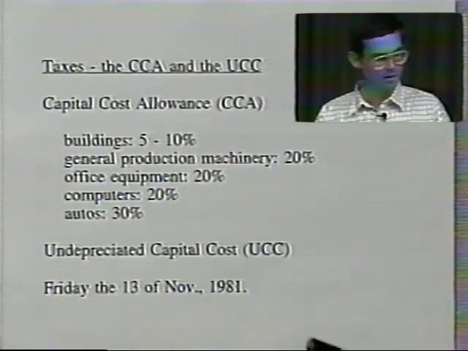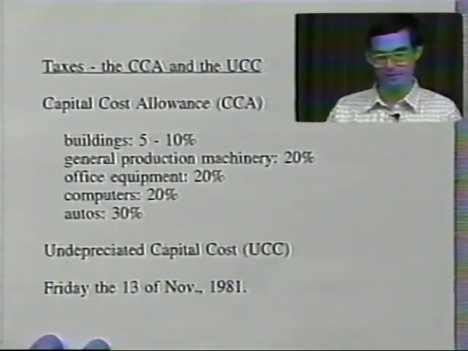Now, talk about Friday the 13th for a second. If you buy something, or if a company buys something, from the moment it is purchased, it starts to depreciate. And it'll depreciate over the first year by a certain amount. But taxes are paid on a yearly basis. And companies don't necessarily follow the calendar year, but let's say a company is following a calendar year.